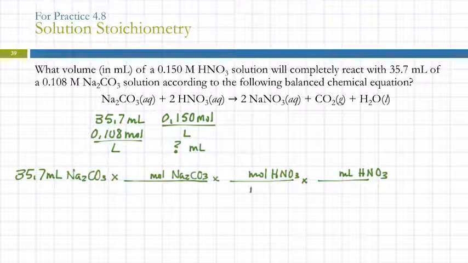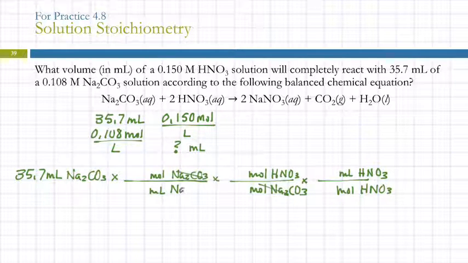So down here I'm going to have moles of sodium carbonate. And down here I'm going to have moles of HNO3. And over here I would have milliliters of sodium carbonate. So the moles are canceling just fine.